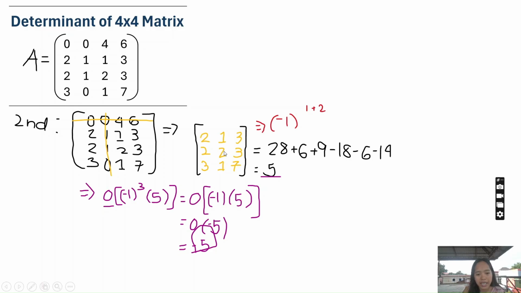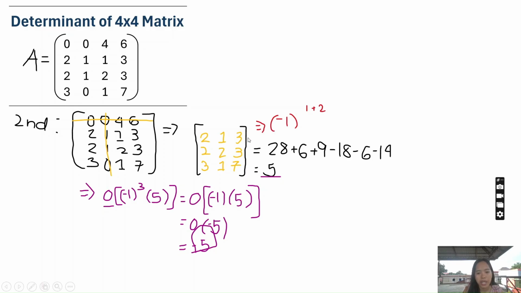We copy that again, and with the same solution we multiply diagonally: 2 times 2 times 7, we have 28, plus 2 times 1 times 3, we have 6, plus 3 times 3 times 1 is equal to 9, minus 3 times 2 times 3, 18, minus 2 times 1 times 3 is negative 6, minus 14. So that would be equal to 5.